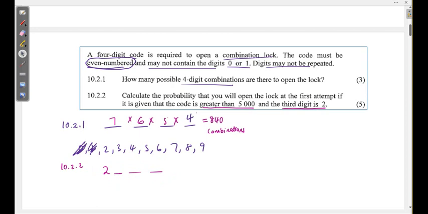If your code starts with a 3, do we agree that your code would be less than 5,000? If your code starts with a 4, do we agree that it will be less than 5,000?